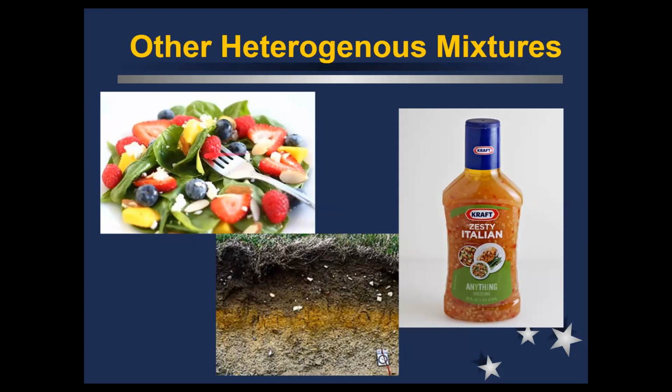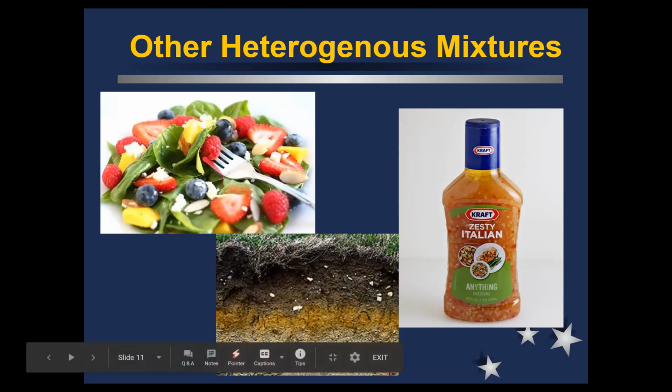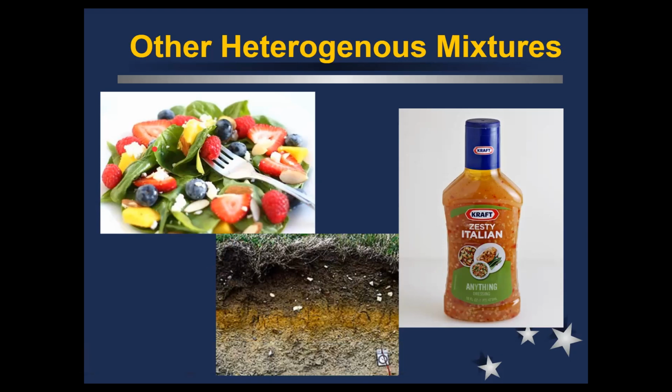Maybe some of the bites have some pecans in them, but some have cheese. Each bite is going to be a little bit different from the other one. And that's because our salad is not completely evenly distributed or mixed together, right? We've got these big pieces of blueberries and strawberries and nuts and spinach, all just kind of mixed around each other.